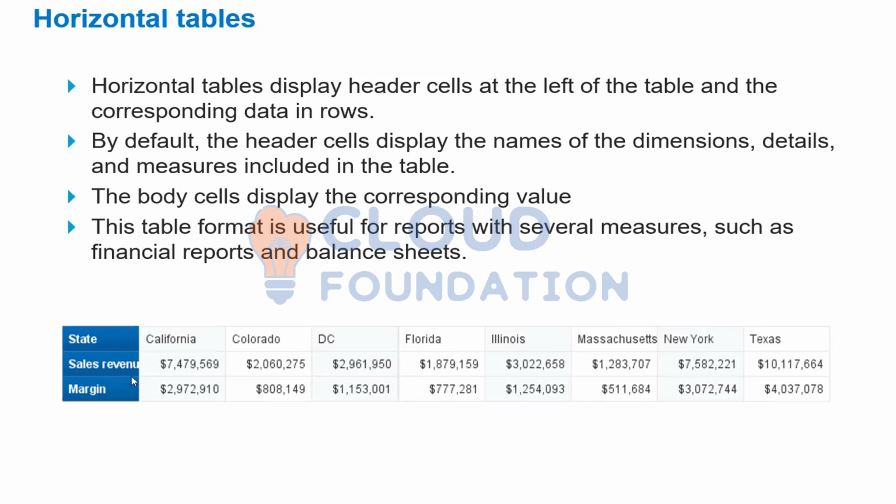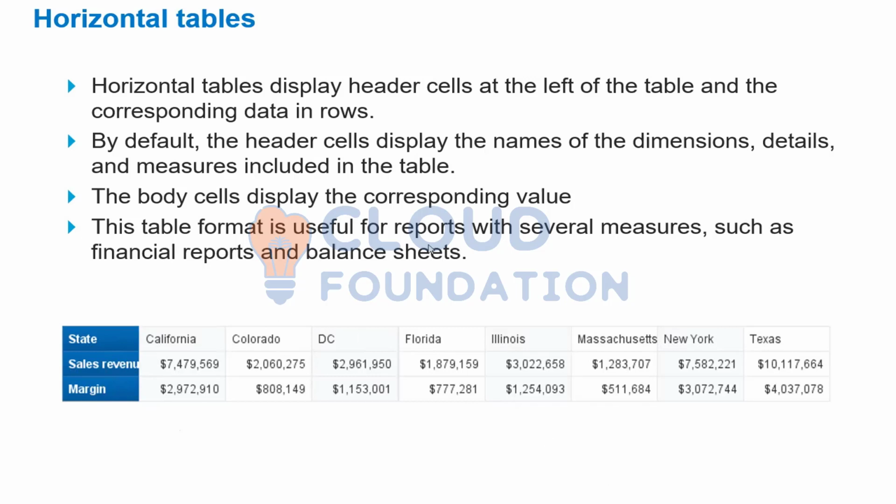If you are displaying around 10 measures for the state, instead of showing it in a vertical table, it is good to show it in a horizontal one, because the state, like California, Colorado, will be like this, and sales revenue, margin, quantity, profit, discount, revenue, we can put here and it will be a good visualization.